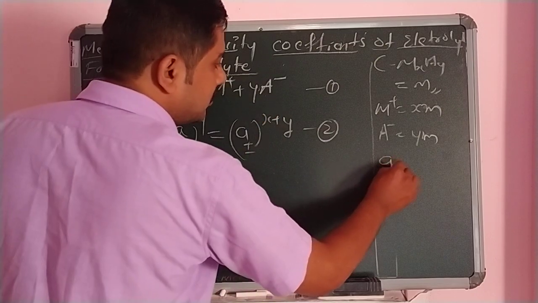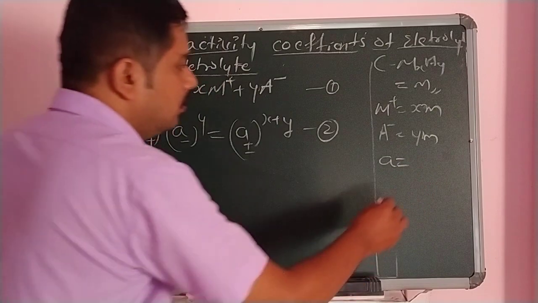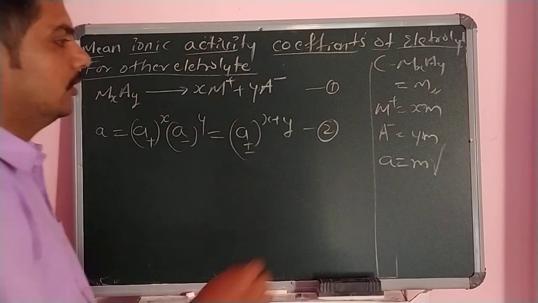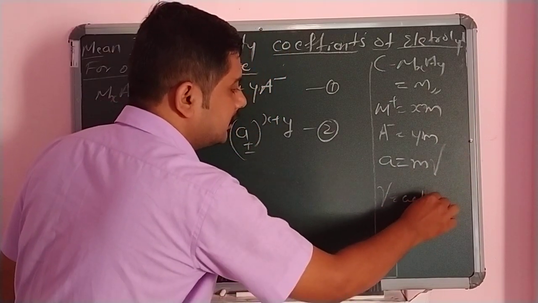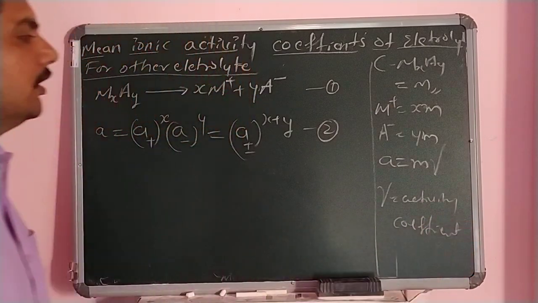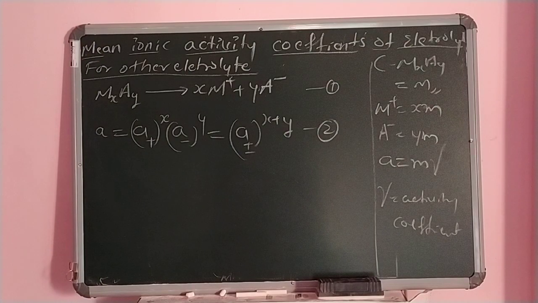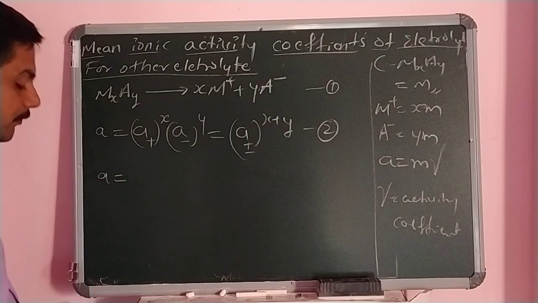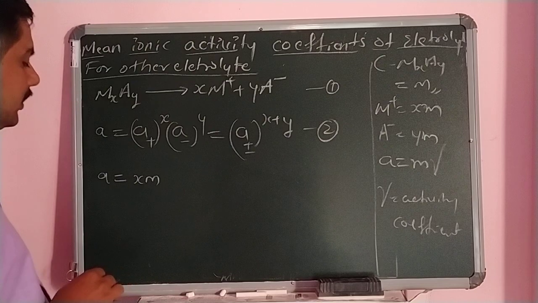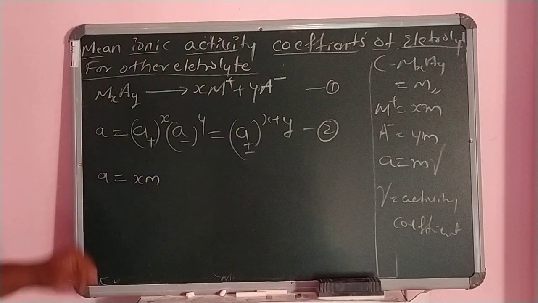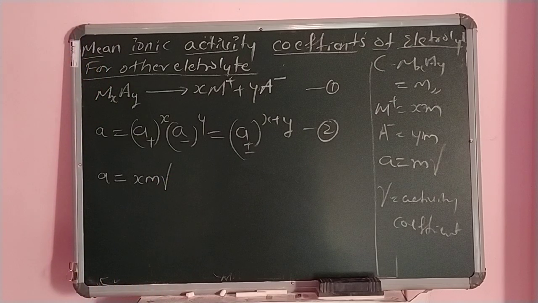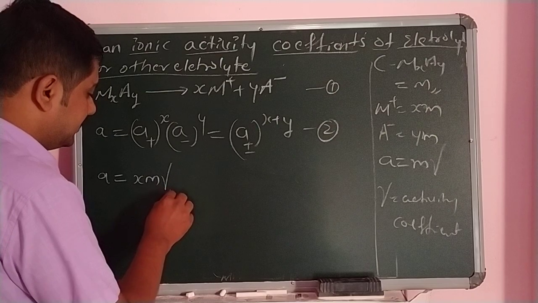So a is equal to concentration into activity coefficient. This is the activity coefficient of the electrolyte. So a is equal to x m into the activity coefficient of the positive species.